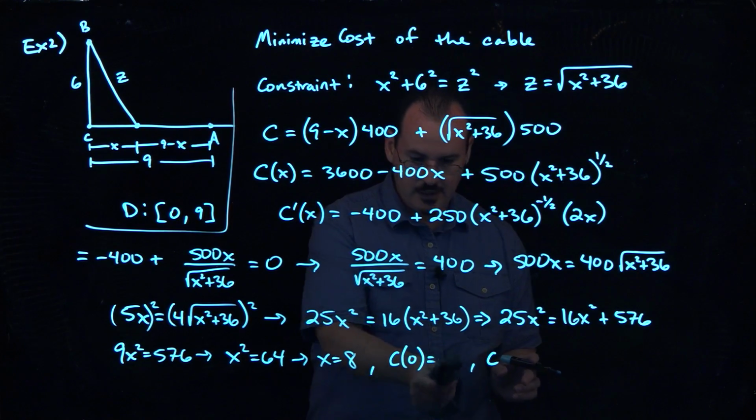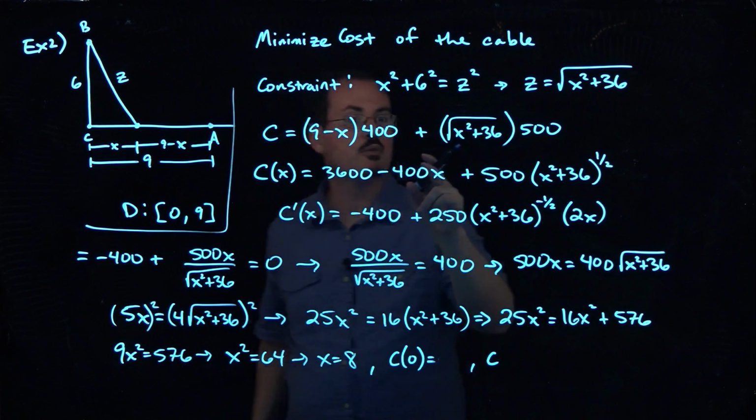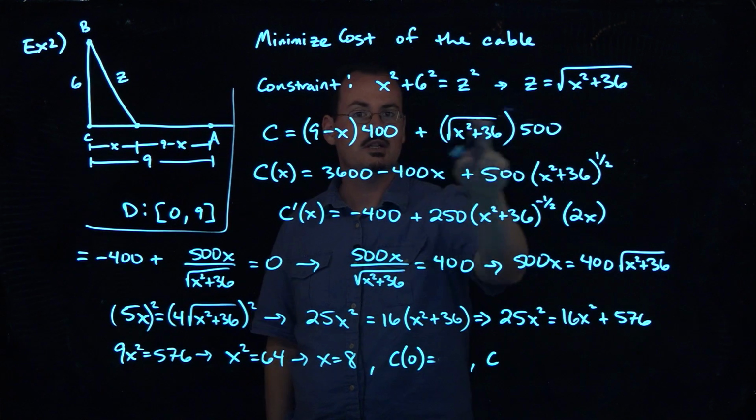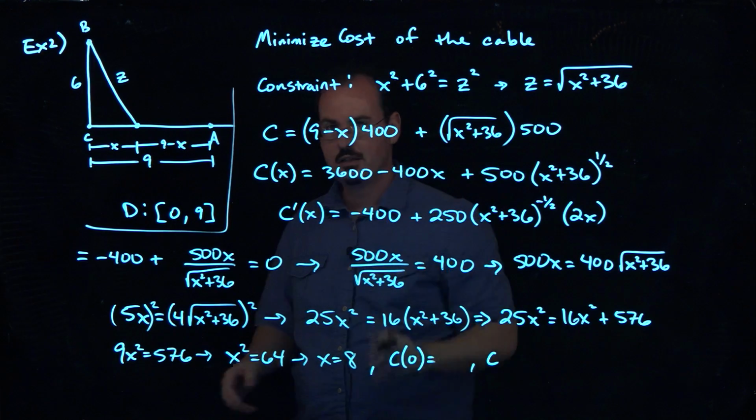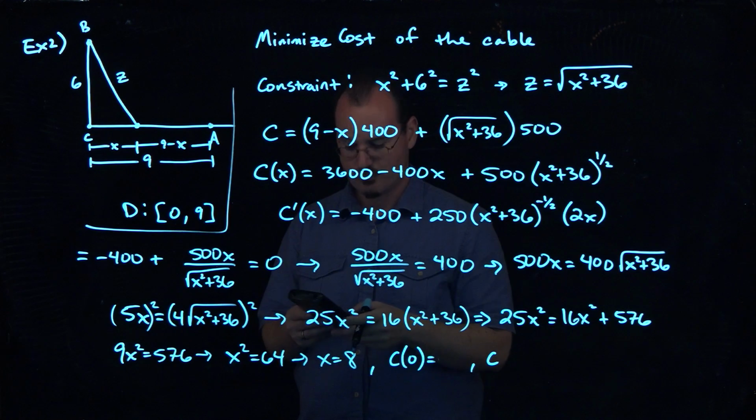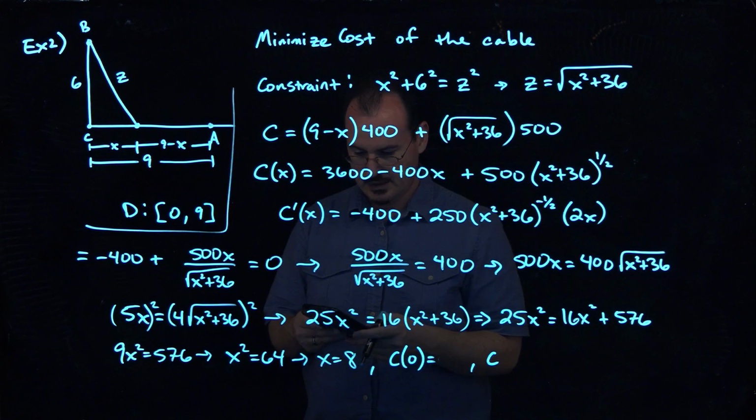Sorry about that. So C of 0 would be what I get when I plug 0 into this original function. Let me just use my calculator to plug this in. C of 0, we get 6,600.